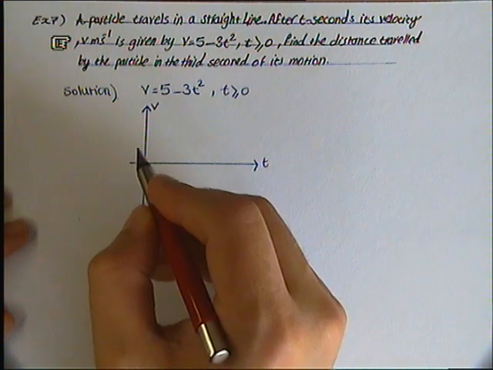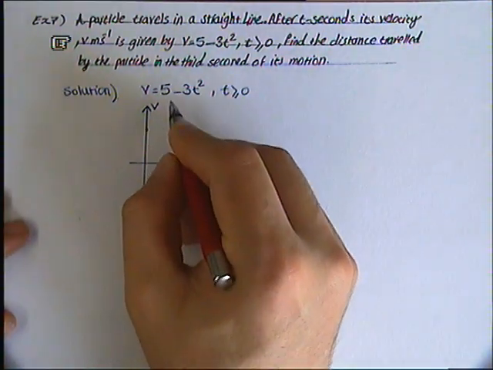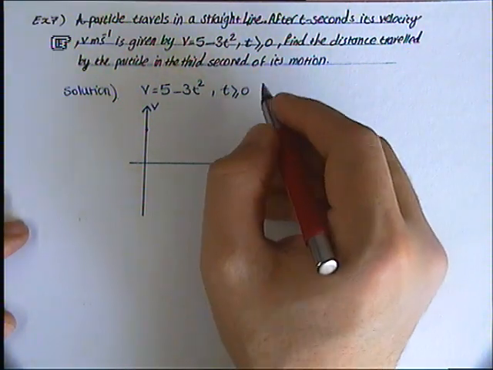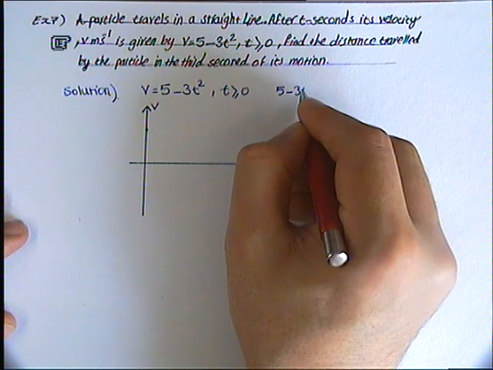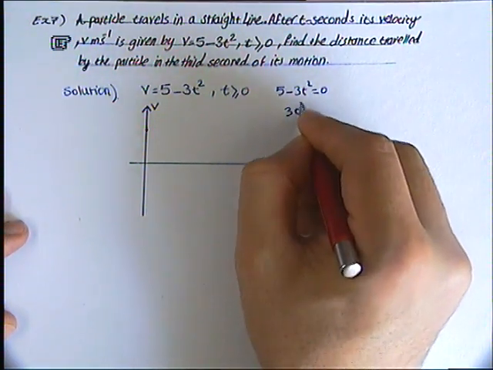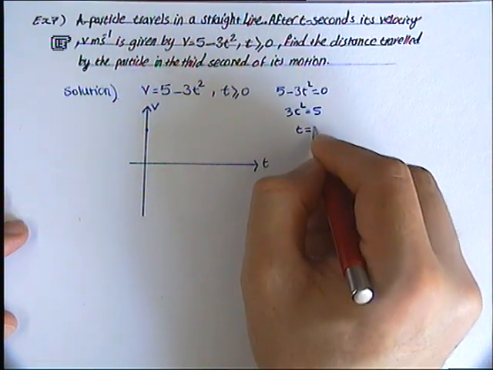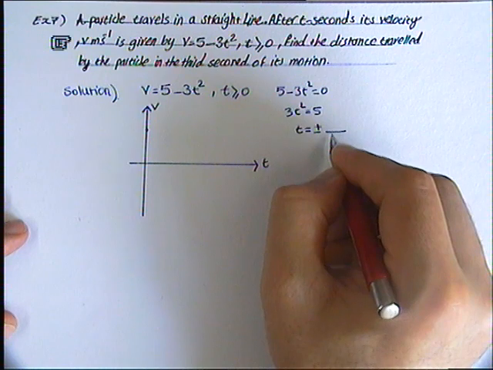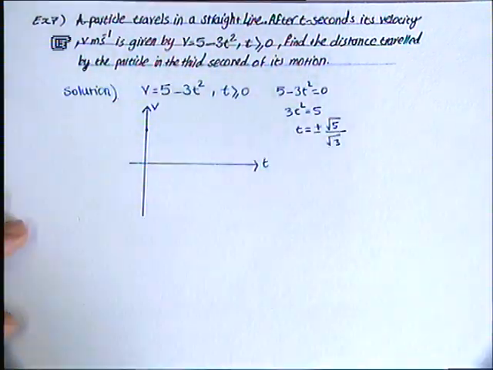First, let's find the roots of the equation: 5 minus 3t squared is equal to 0. 3t squared is equal to 5. t is equal to plus or minus root 5 over root 3.